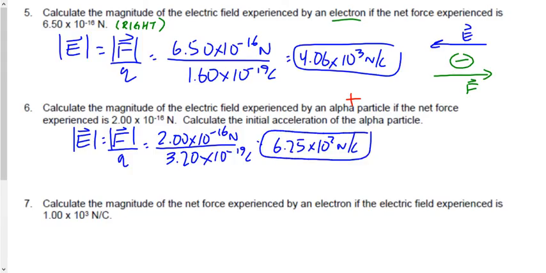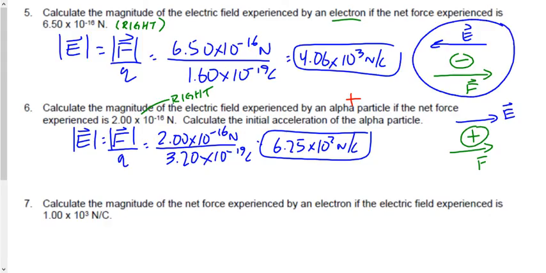Now, it doesn't ask me for direction again. Let's say, though, that the force is to the right. If the force is to the right, then the field is to the right. Why was the field to the left here?